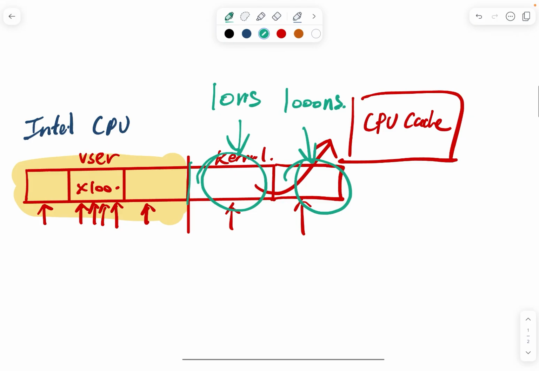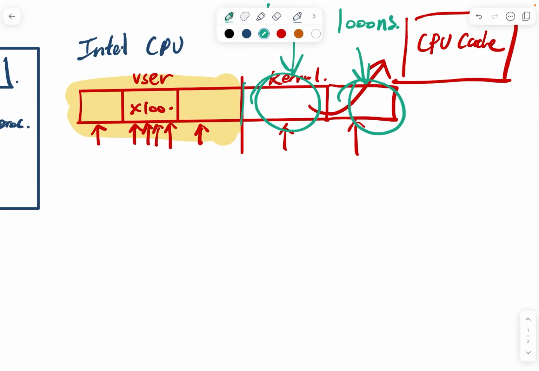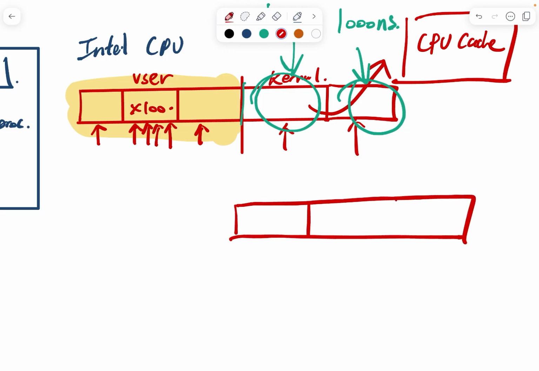Okay, so here's the point. In the kernel state, some of the programs can be understood by taking a look at the branch.